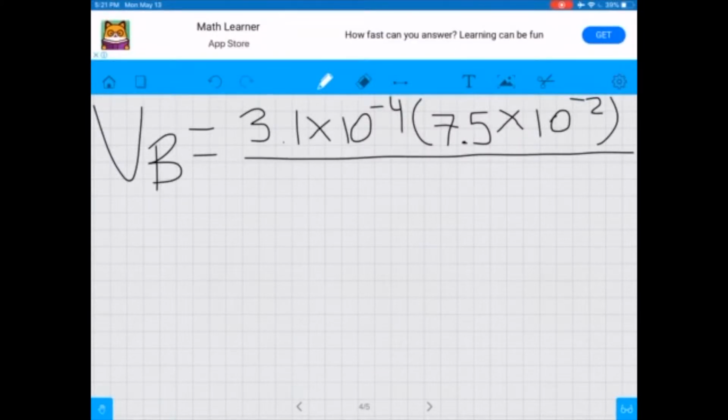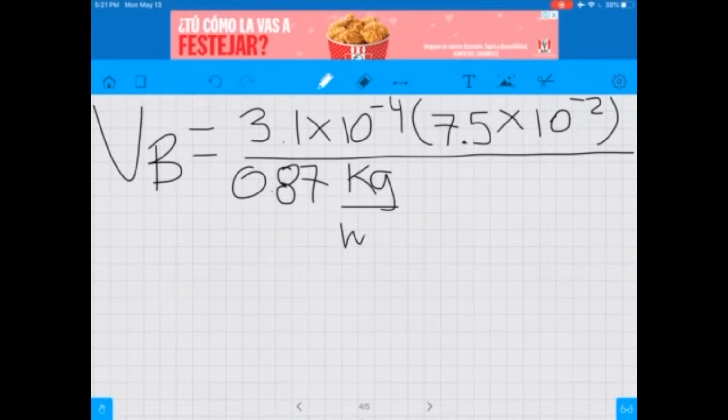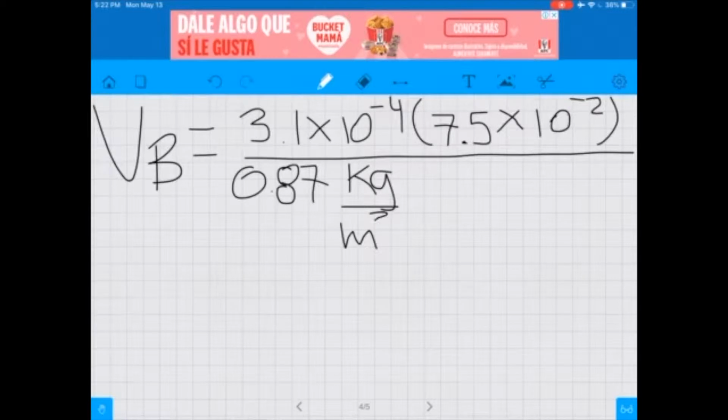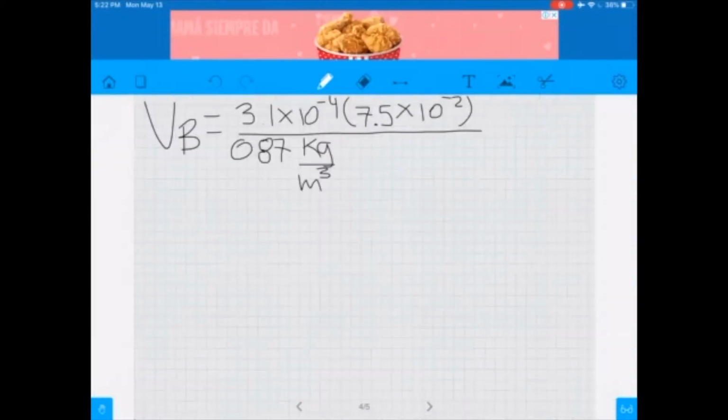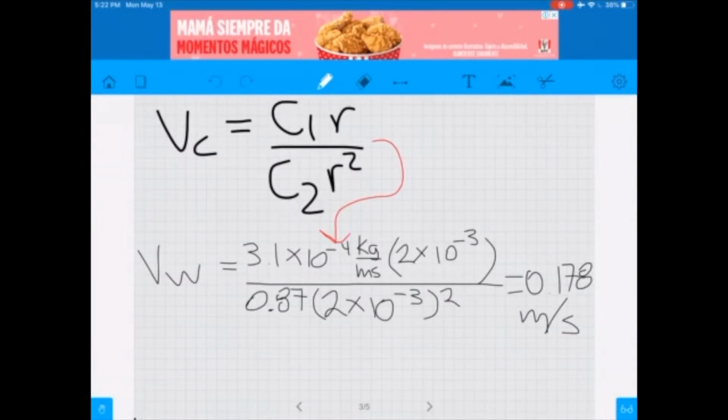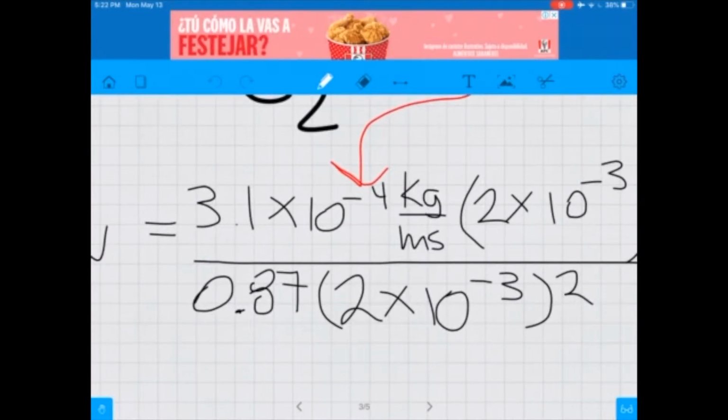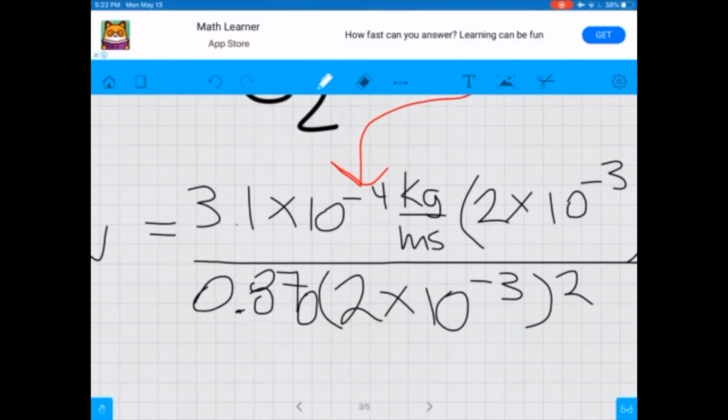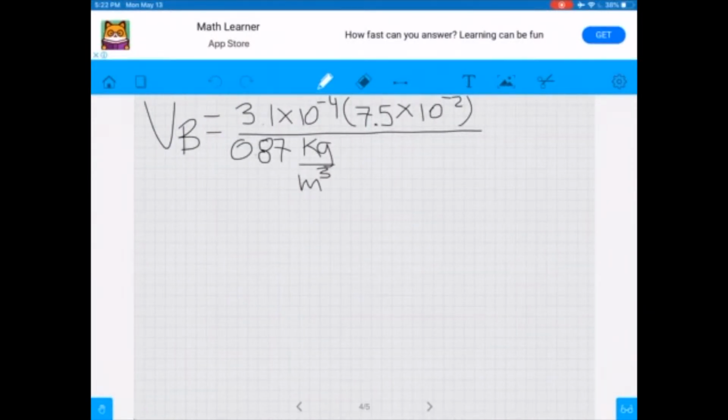divided by the second drag coefficient, which is 0.87 kilograms per meters raised to 3. Okay, this is something I didn't mention for the water drop. Here, in this area over here, we should have kilograms over meters raised to 3.